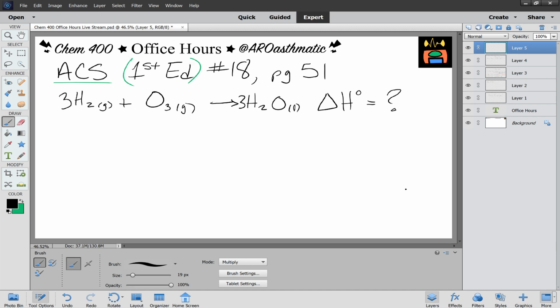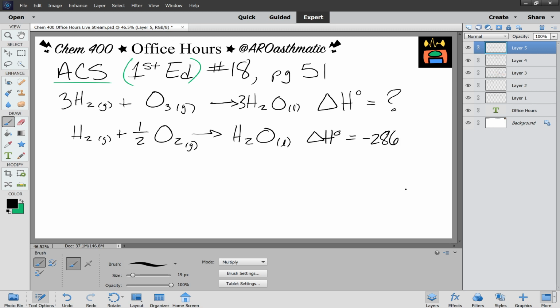We're told that H2 as a gas reacting with 1/2 of a mole of O2, also a gas, produces 1 mole of H2O. And we're told that the delta H of this reaction is negative 286 kilojoules per mole.